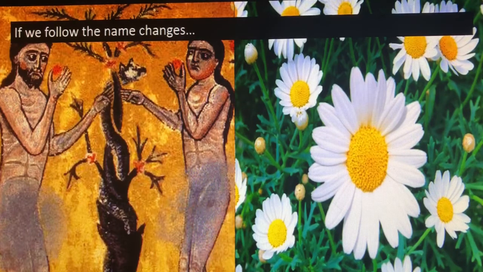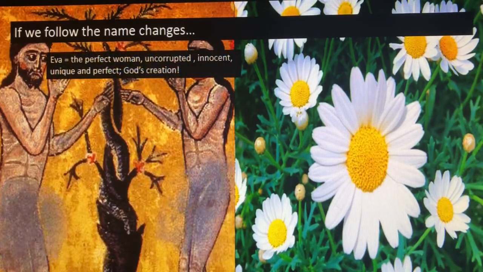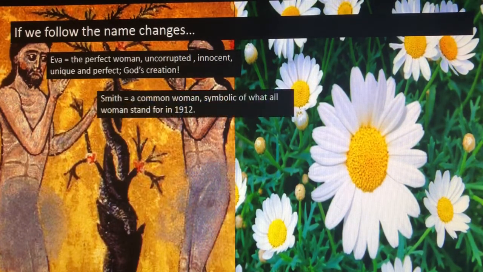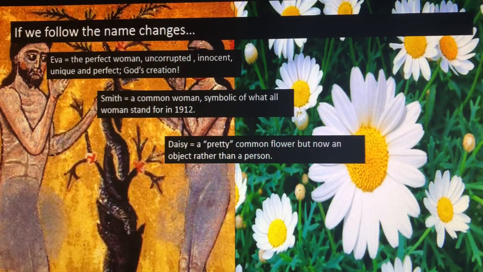Now for higher grades, we might actually plot how her name changes throughout the text. She starts off as Eva, the perfect woman, uncorrupted, innocent, unique and perfect, God's creation. The surname Smith represents a common woman, symbolic of what women stand for in 1912. This then changes to Daisy, a pretty common flower, but now an object rather than a person.